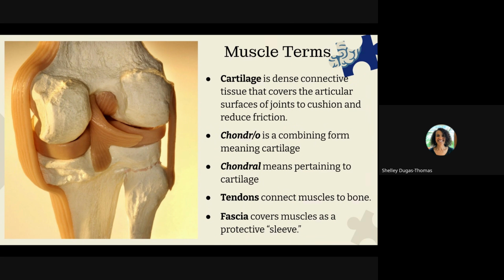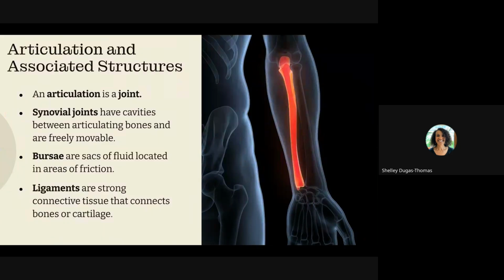So we can differentiate soft tissue elements. Cartilage, chondro, cushions joints. Tendons, tendo, attach muscle to bone. Fascia is the fibrous membrane wrapping around the muscle fibers like a sleeve. Articulation is simply the medical term for a joint.